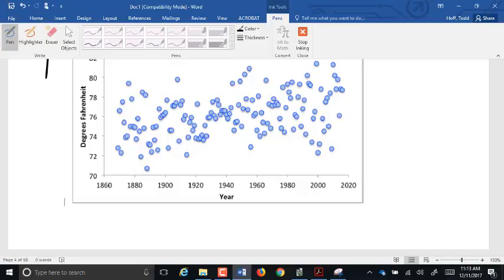Okay, so what do you think? Is the data going up, going down, staying flat? It is scattered. Do you think there's any general long range tendencies?